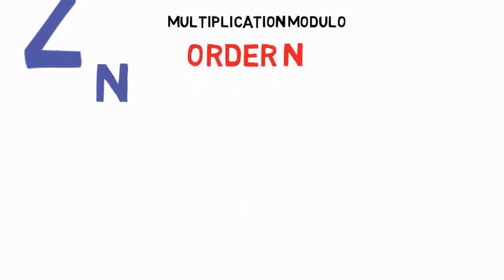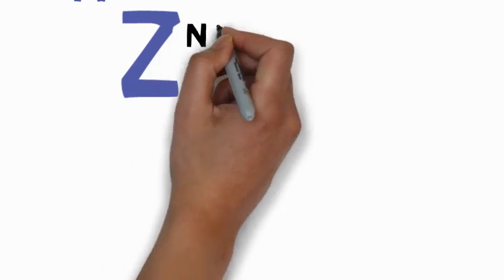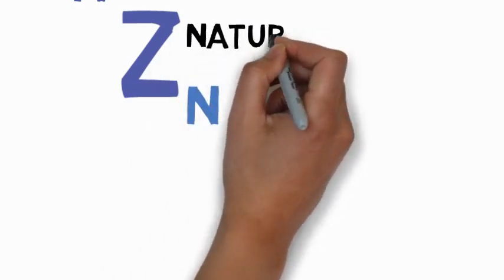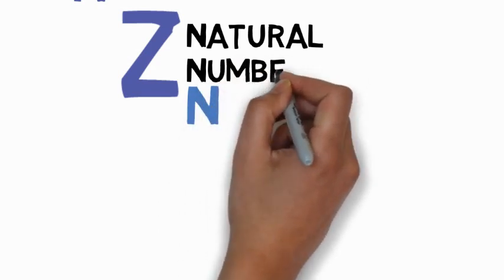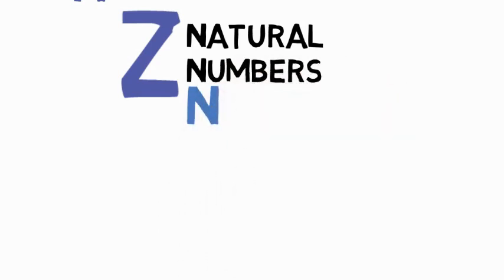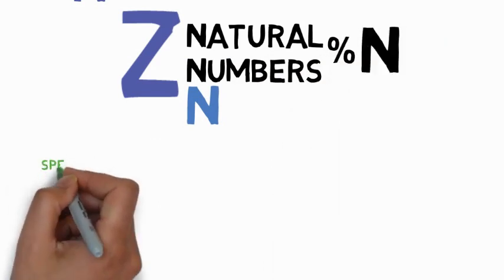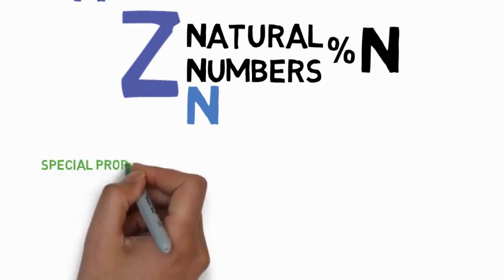Suppose you are considering Zn with the multiplication property, then you might be taking the numbers which lie on the positive side. That is, you may consider the natural number system from 1 to infinity. All these numbers are divided by n and the remainders are taken, and these remainders have special properties.